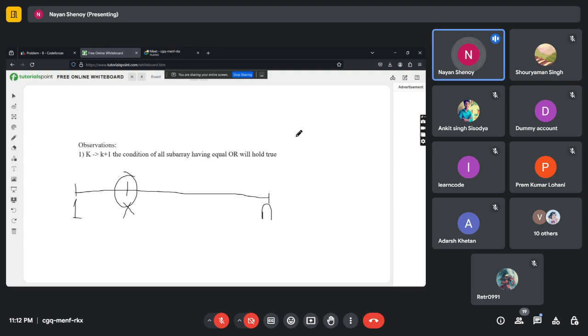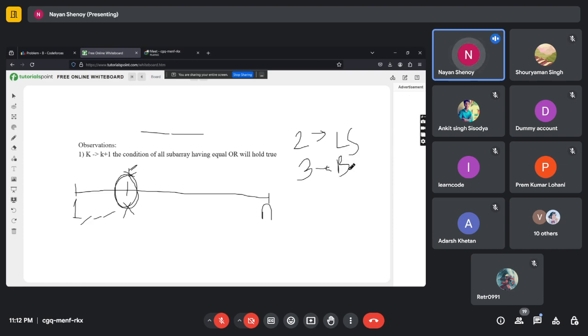So there can be two ways of finding this. One, either you can do your normal linear search, which is iterate through each, and then the moment you get that all subarrays are equal, you can break and say that this is your smallest k, or else we can do binary search.